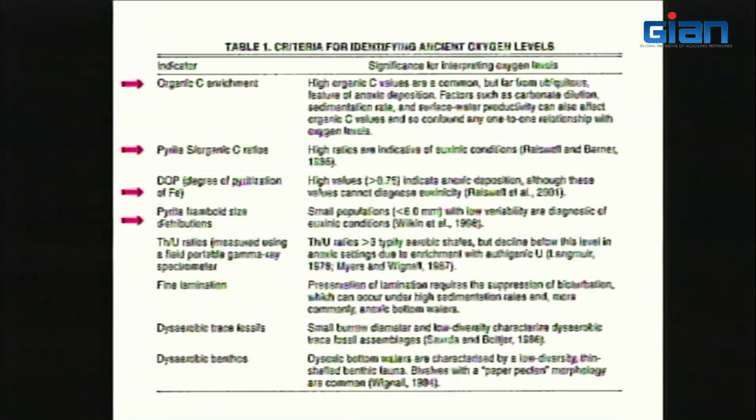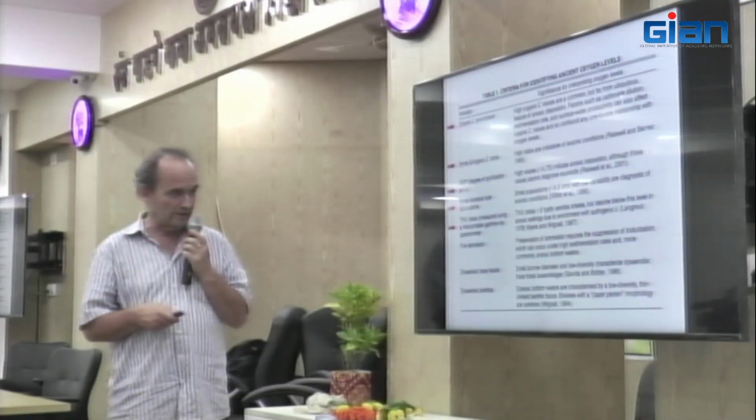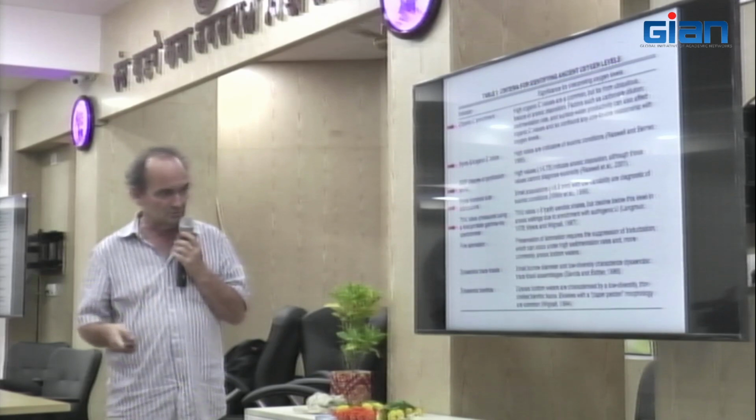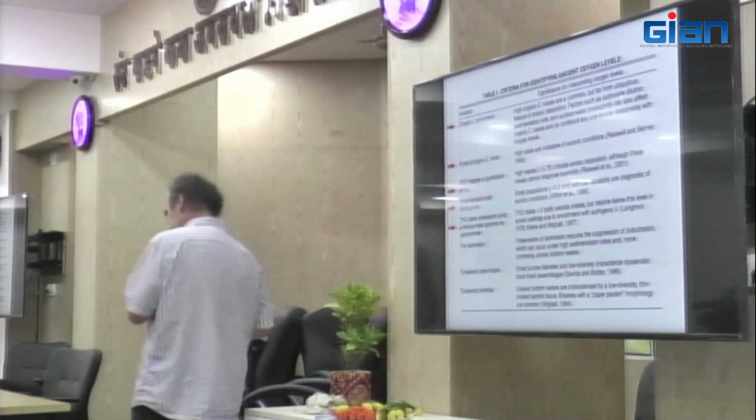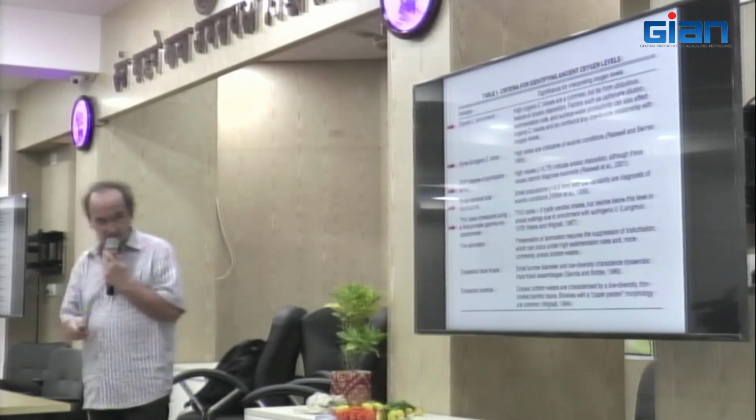But I'm not talking about that. I'm talking about the anoxic condition in the water column. And here the rhomboids are very useful to recognize this kind of environment. As I said, some ratios, for example, thorium, uranium, but the presence of vanadium, the presence of molybdenum is also a good indication of anoxic condition.